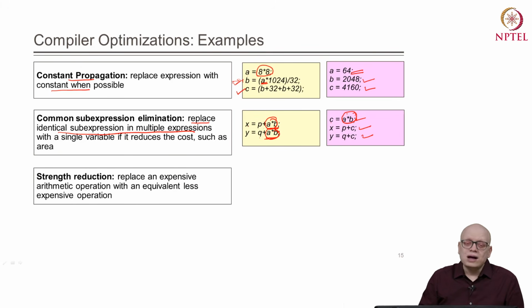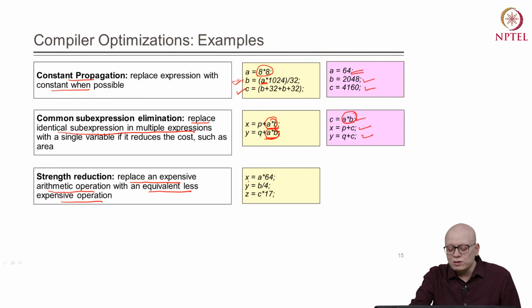And then we can do strength reduction. In strength reduction, we replace an expensive arithmetic operation with an equivalent less expensive operation. For example, suppose it is given x is equal to A star 64, A multiplied by 64. If we want to multiply a number by 2, we can just shift left.